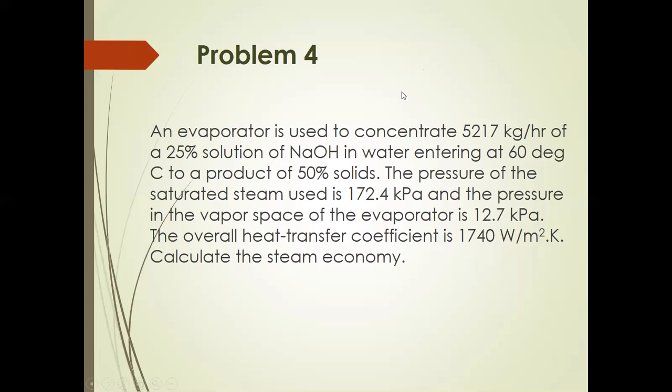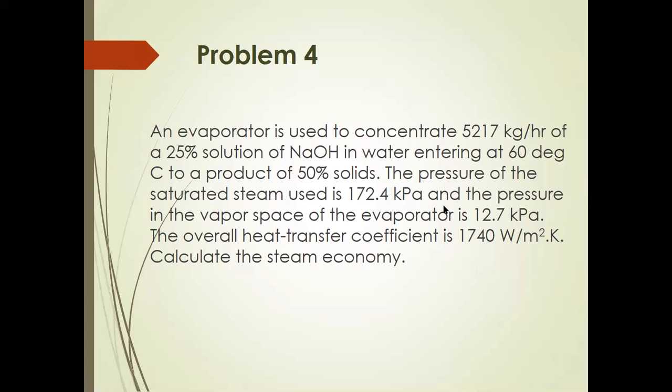Now, in this case, we are given an evaporator, which is to concentrate 5,217 kilograms per hour of a 25% solution of sodium hydroxide in water entering at 60 degrees Celsius to a product of 50% solids.